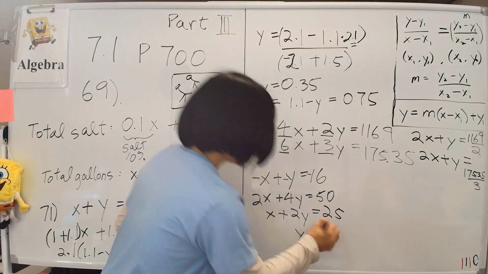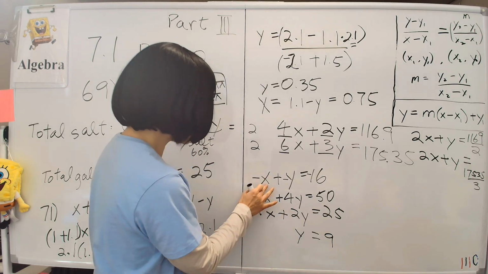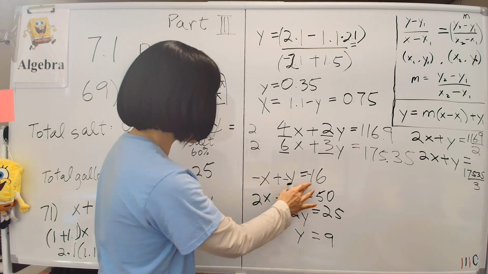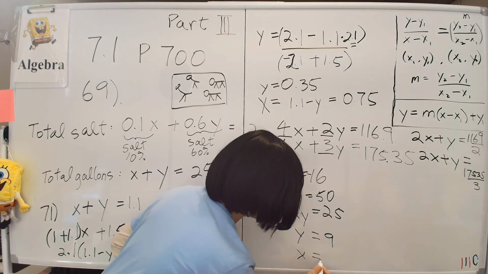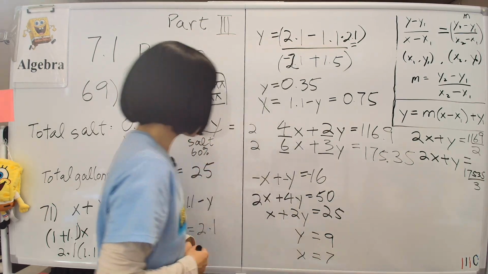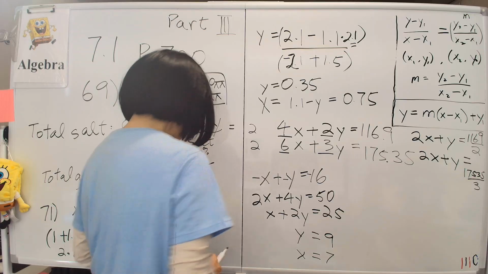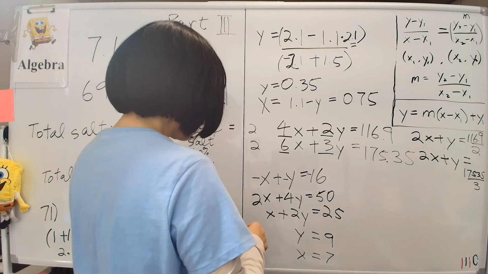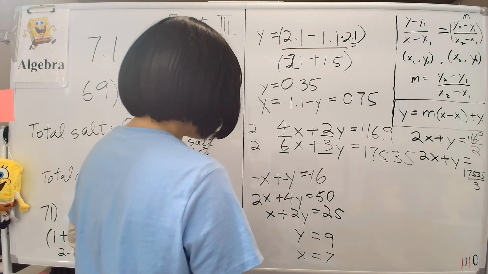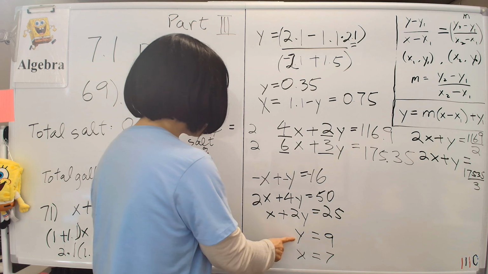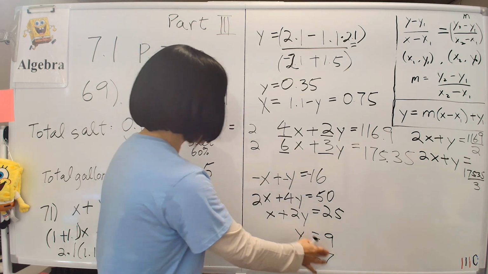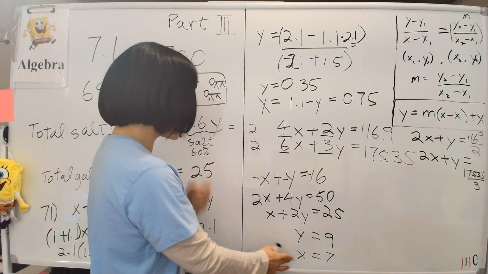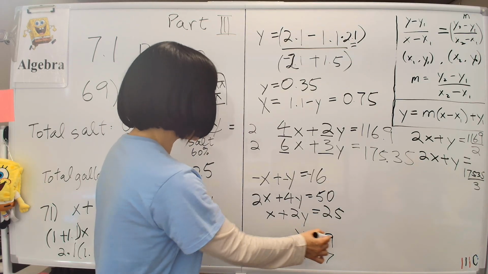So if y equals 9, then x plus y was 16, so x is equal to 7. 9 plus 7 is 16, and that should be the right answer. We can double check. x is chicken and y is the rabbit.